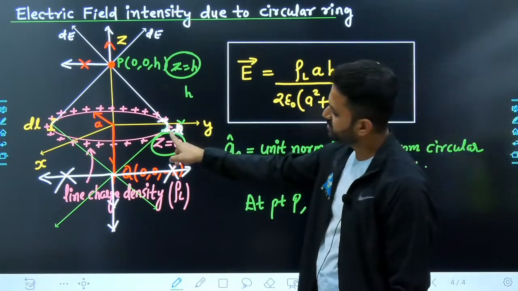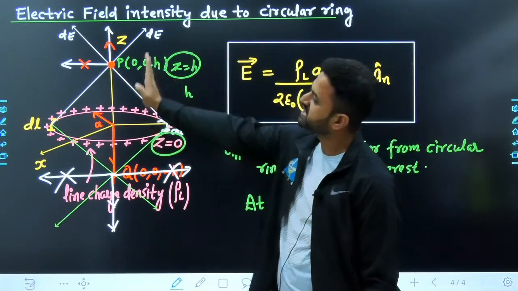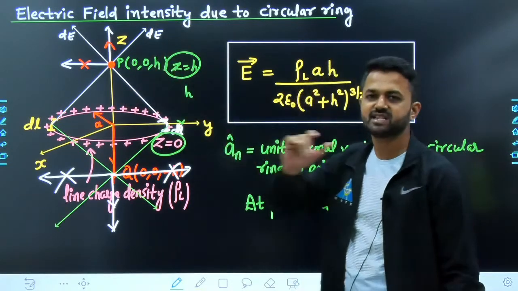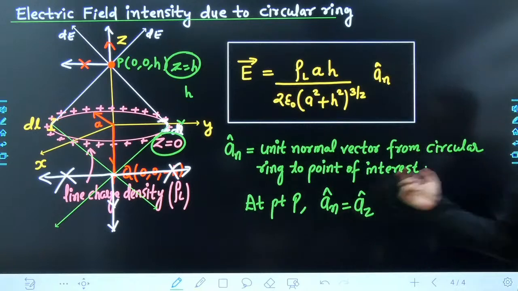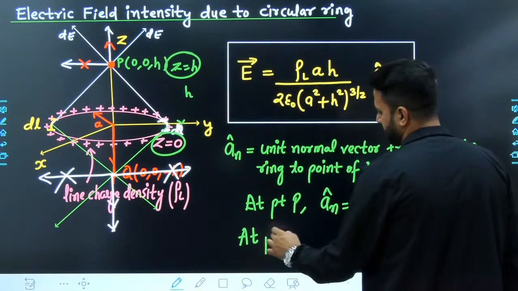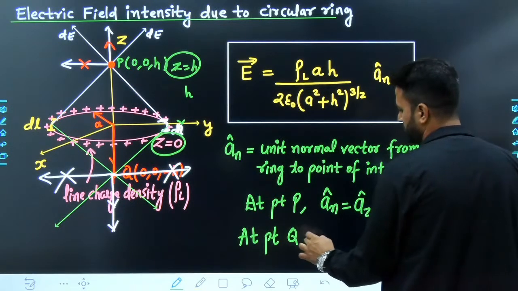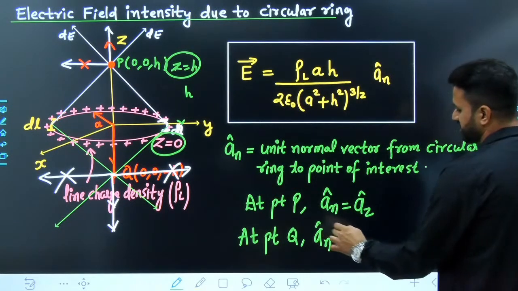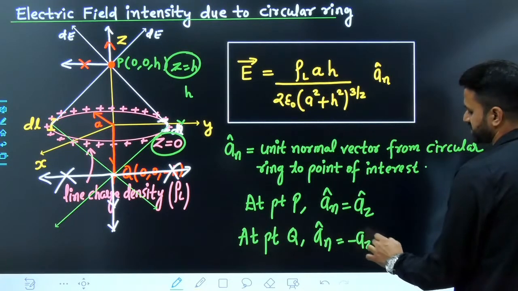When you move from the circular ring to the point of interest, you are moving in the upward direction, and that direction is the positive Z. So at point P, this AN will be plus AZ, and at point Q, this unit normal vector will be minus AZ according to this diagram.